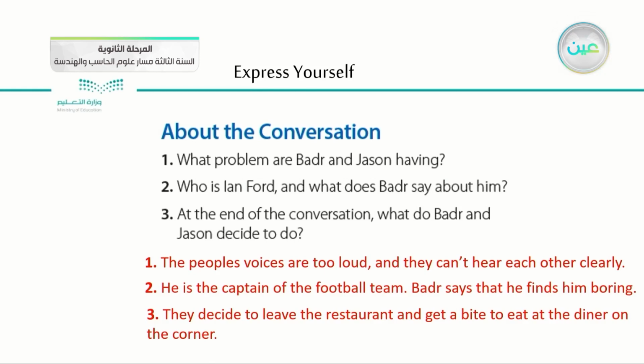The diner is a place that is also called a restaurant, but there are some slight differences between the diner and the restaurant, like the diner usually opens very late and very early and so on. So they are going to get a bite to eat at the diner on the corner.